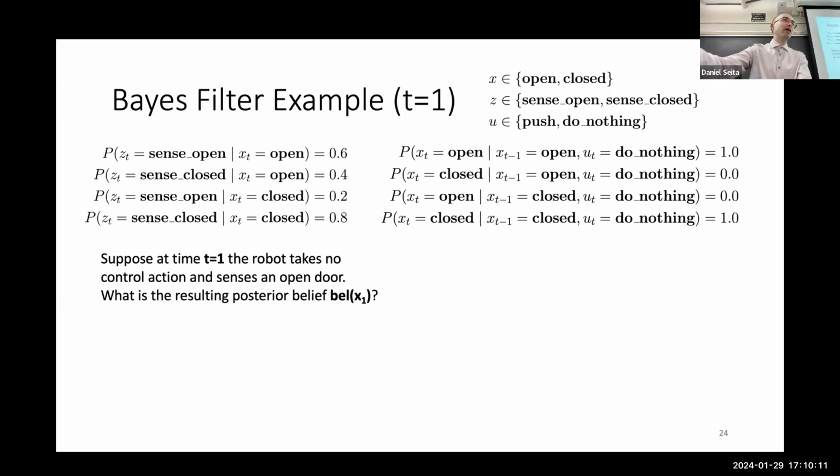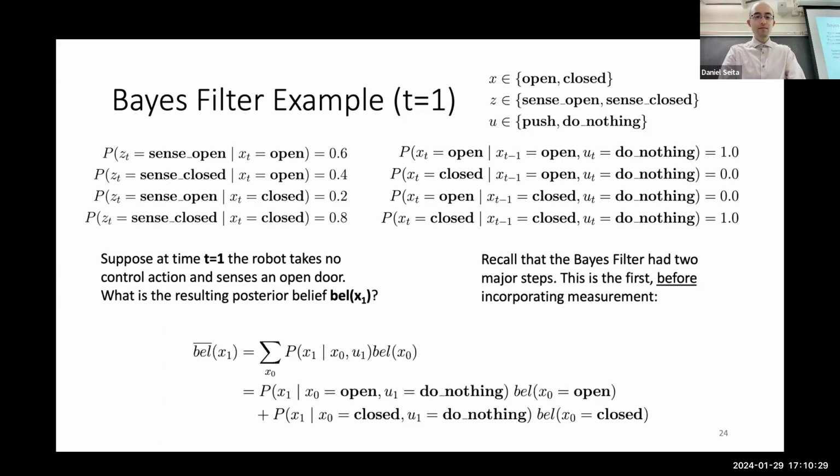Now that we have our prior, how do we go from here? Remember that if you apply the Bayes filter algorithm, the first step was to compute this thing, which is the belief of the next state before you take any measurement into account.